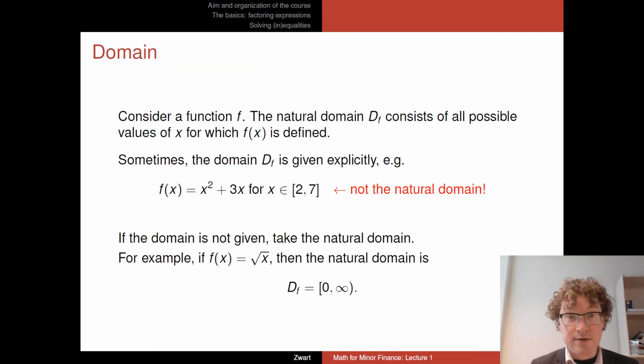So the next thing that we need to look at a bit more closely is again this thing domain. So remember again, domain means all the allowed values that you want to put into your function f. So let's take some function f. We could say, well, I'm only interested in some particular sub-region, some particular interval of x's, but there's one very special sub-region which is called the natural domain of a function.